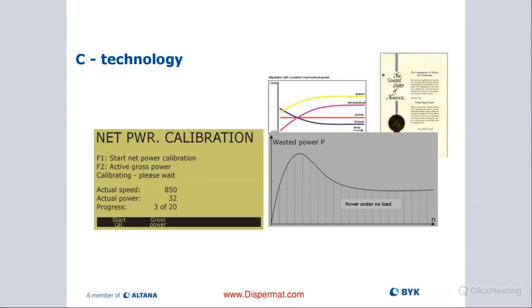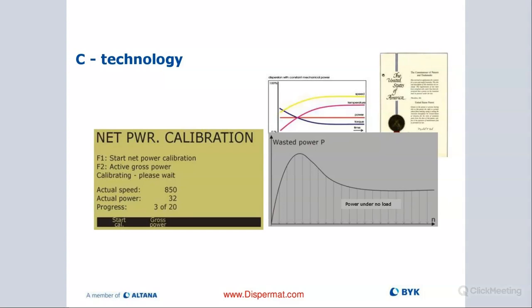We can also do a net power calibration, basically reducing or eliminating any machine noise from our data. That means when the Dispermat is turned on and does a dry run, it already uses energy or torque just to move the shaft. By doing a net power calibration, I can reduce all that to a 0 value.